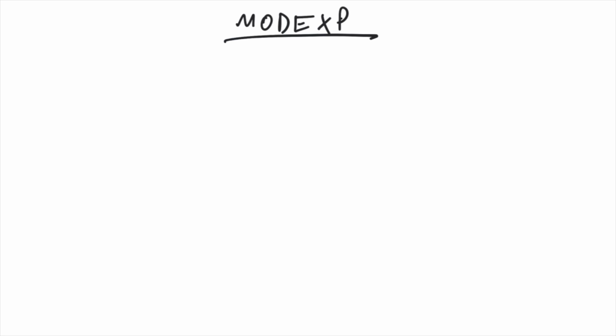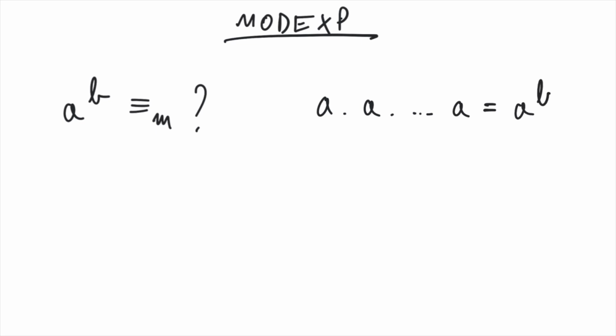As part of solving this problem, and as part of solving many problems, you will usually have to compute some number a to the power b mod some number m. Now, how do we compute this? You could say you just take a times a, as many times as a to the b, right?